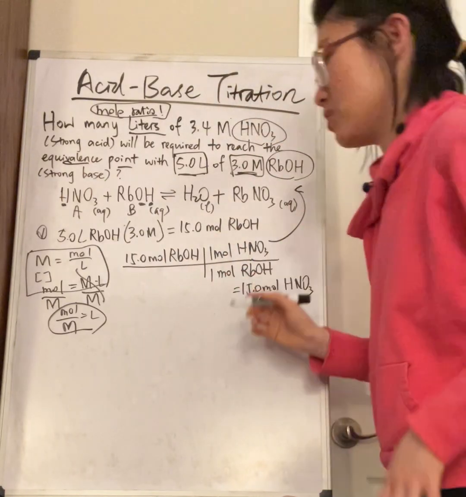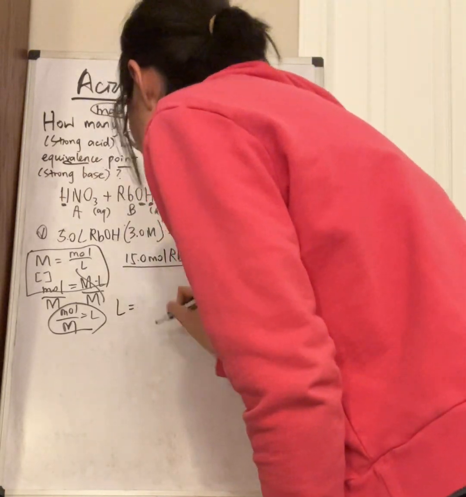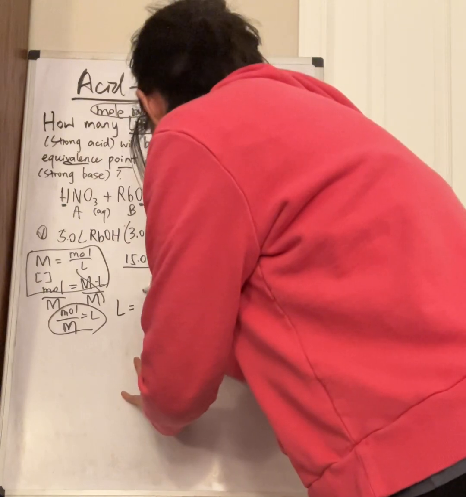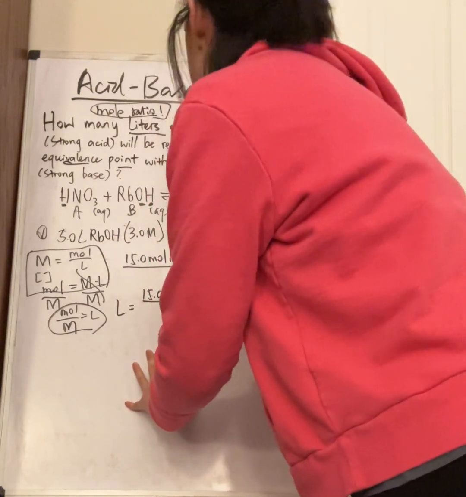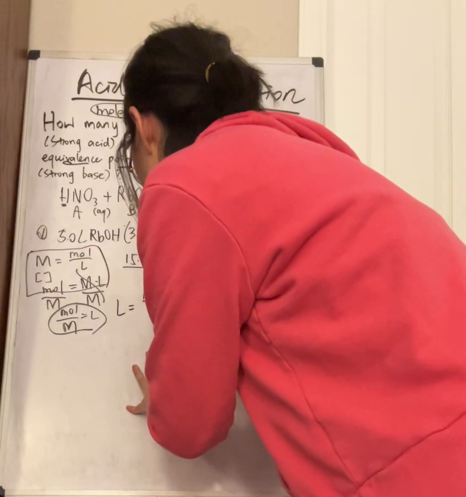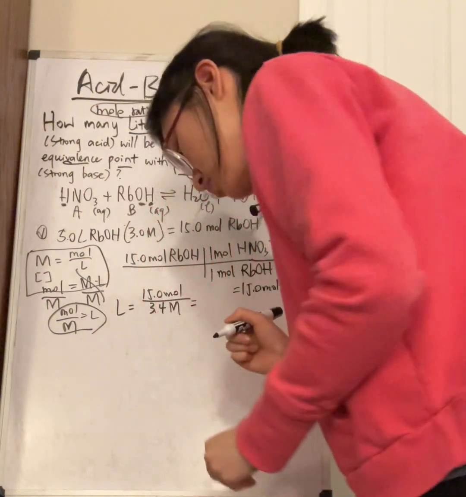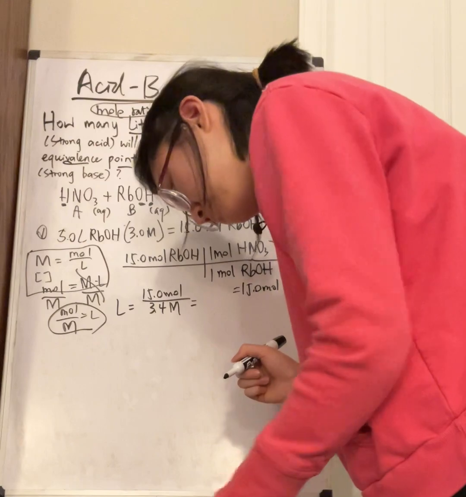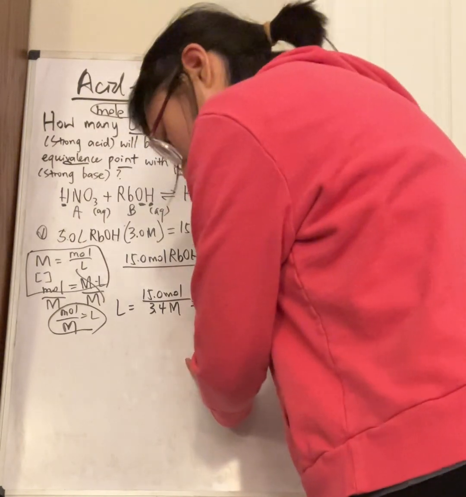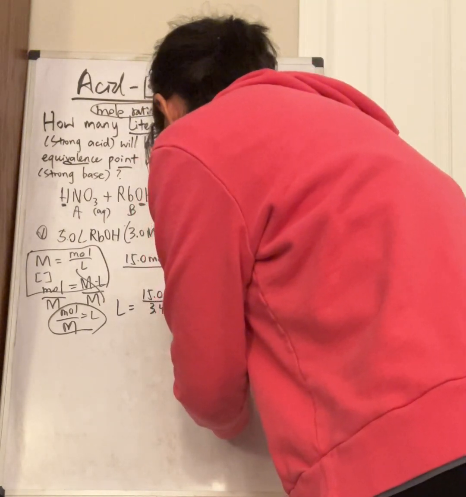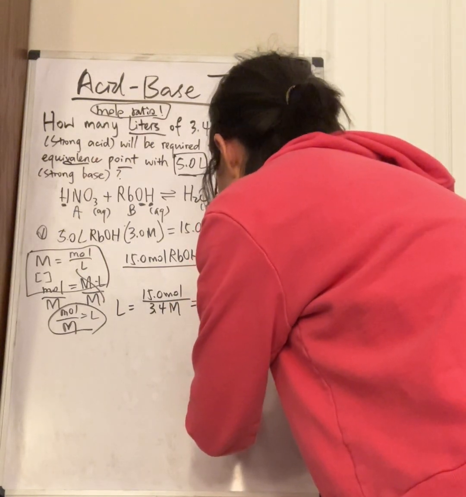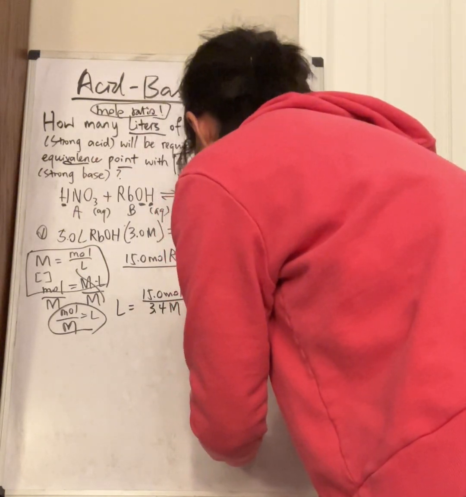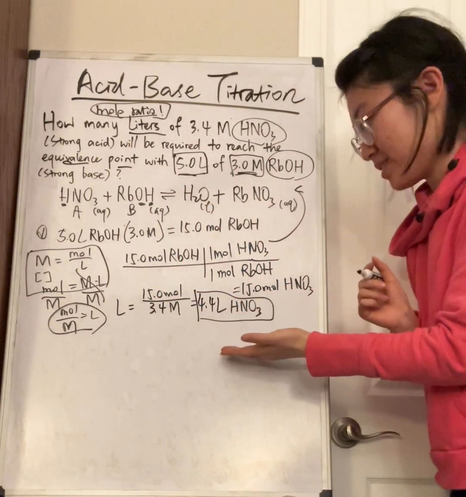So right now just directly plug that in. Liters is going to be 5.0 moles divided by, what's the molarity? 3.4 molarity, which is going to give us 4.4 liters of HNO3.